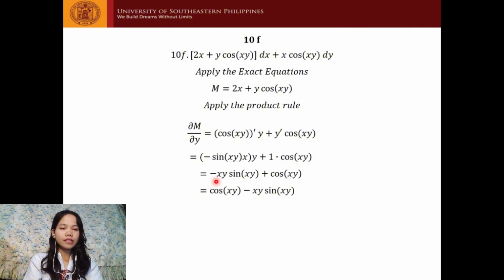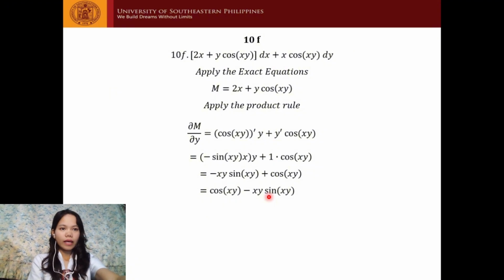Now, what we have is negative xy times sine of xy plus cosine of xy. So, cosine of xy minus x times y times sine of xy.